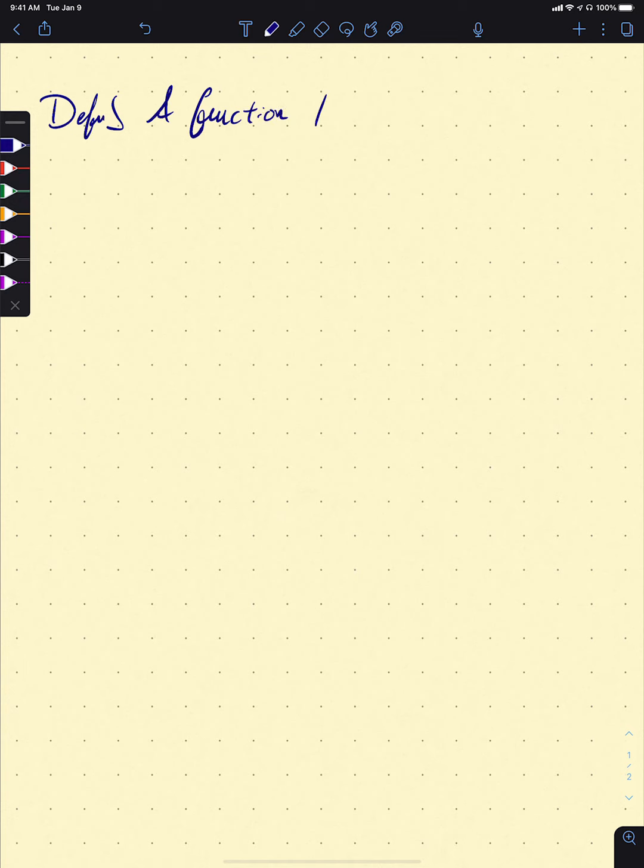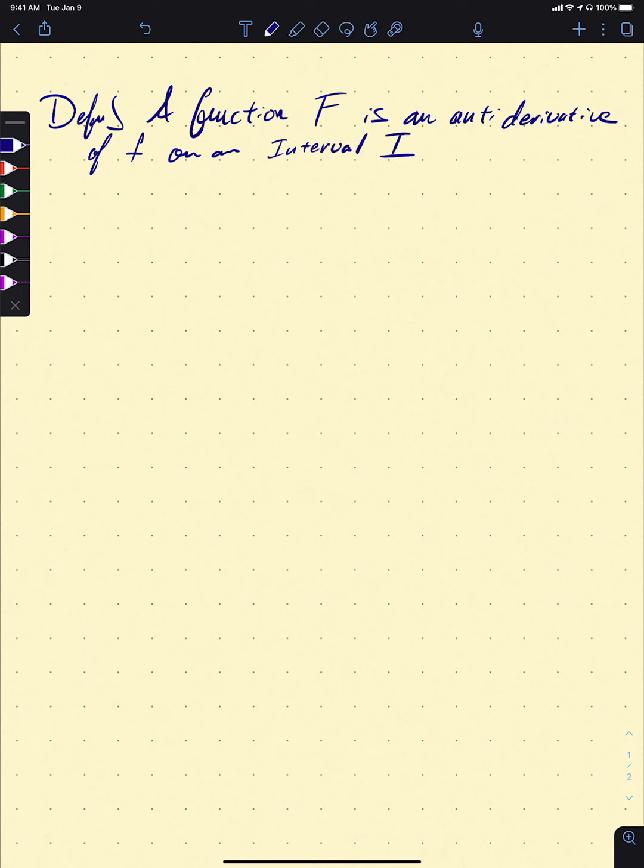A function capital F is an antiderivative of some function little f on an interval capital I if the derivative of capital F equals little f for all little x in my interval I. And we'll get into actual ways to compute these in a second.